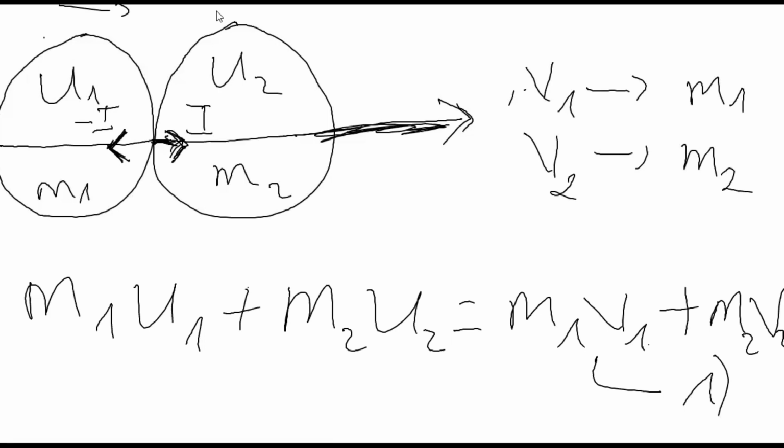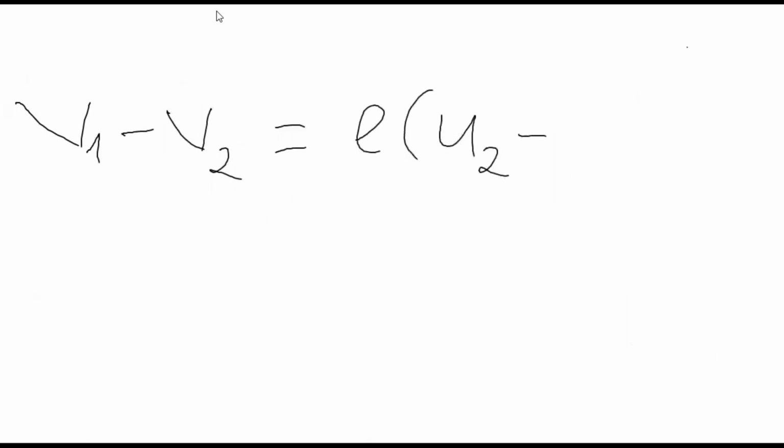Now, from Newton's experimental law, v1 minus v2 is equal to e into u2 minus u1. Call this equation 2.